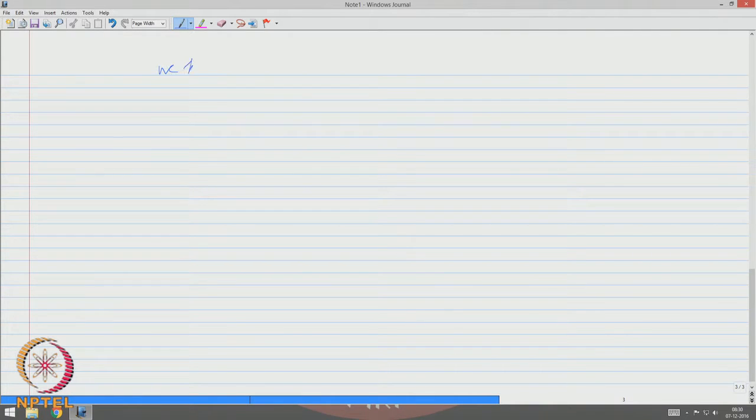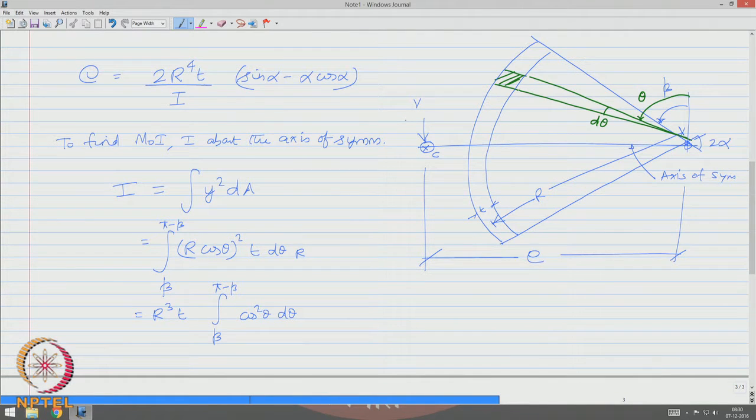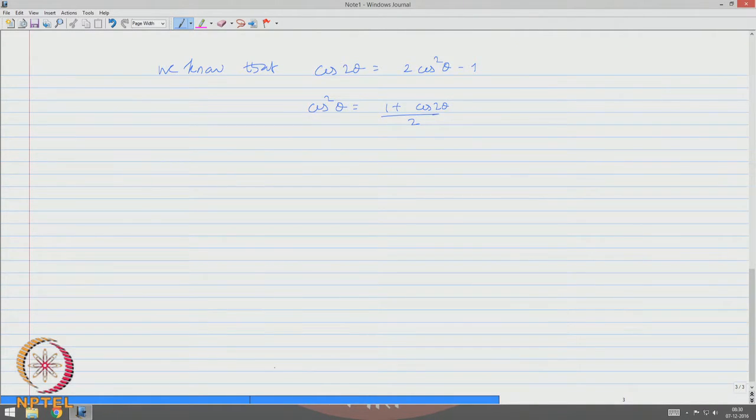So, we know that cos 2 theta is 2 cos square theta minus 1, therefore cos square theta is equal to (1 plus cos 2 theta) by 2. In the previous equation, we will substitute this for cos square theta as follows: r cubed t by 2, integral from beta to pi minus beta of (1 plus cos 2 theta) d theta.